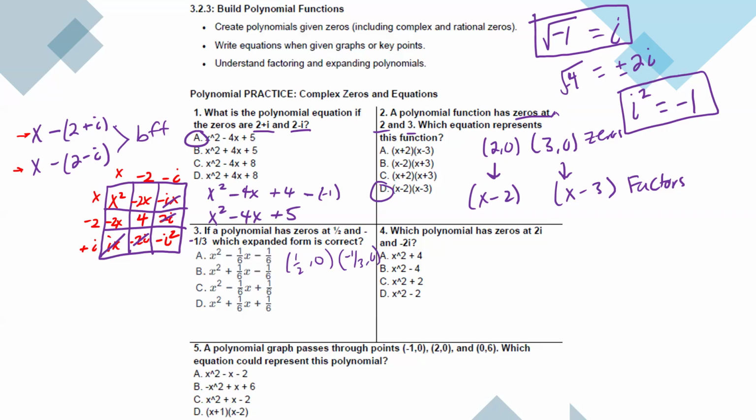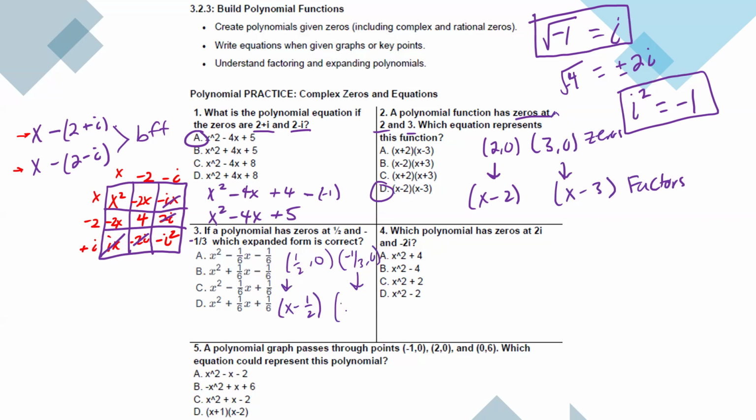And I need to write them as a factor. So what is the factor for this one? X's are liars. So when I write it as a factor, it becomes x minus 1/2. Because if I plug in 1/2, that's how I get 0. Does that make sense? X is a liar.